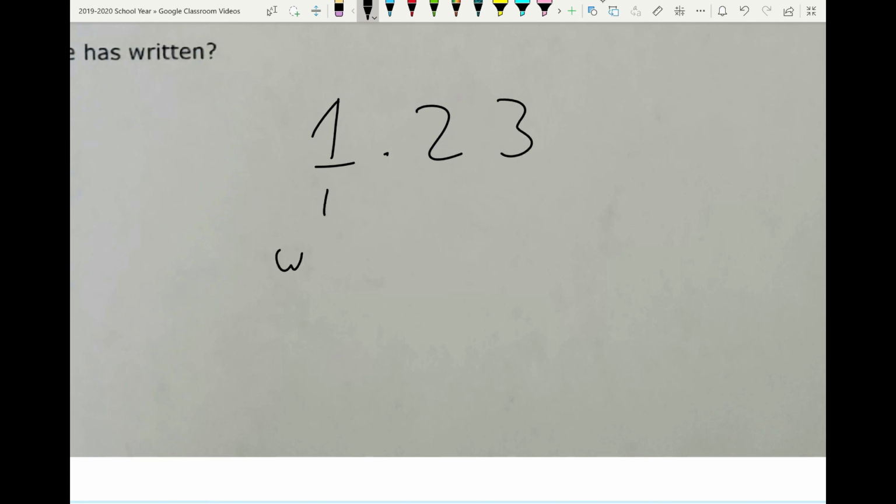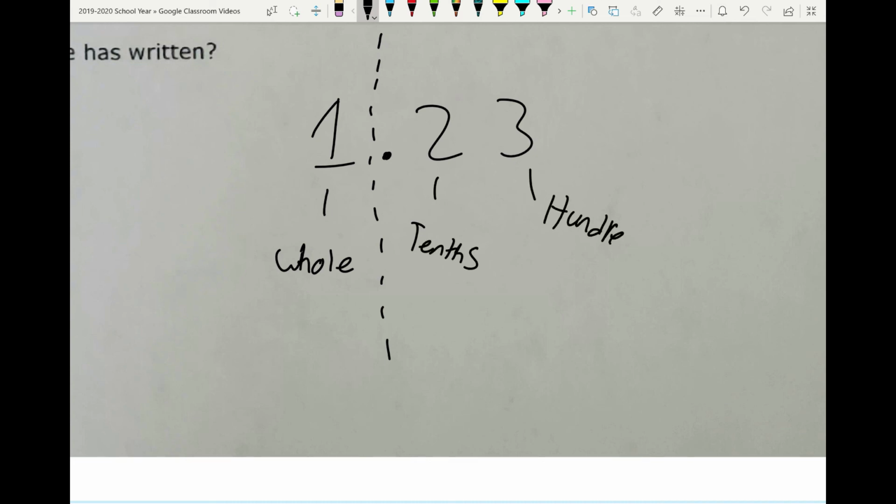This is a whole number. And this side is my decimals. This is my tenths. This is my hundredths. This place value of the 1 is in the ones place value.